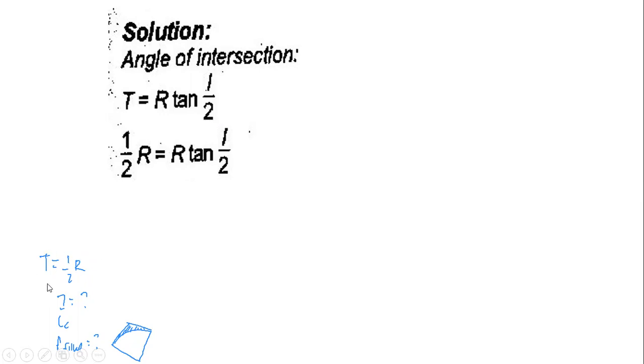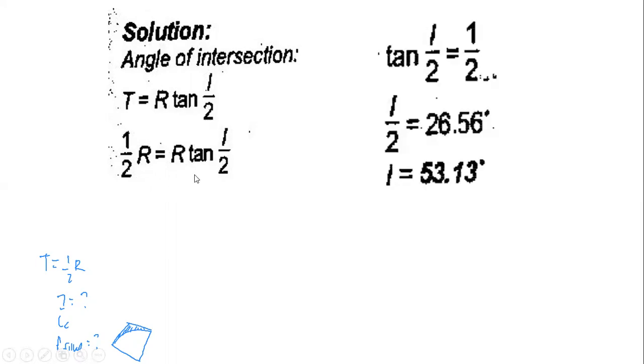Then we have this condition sa example, T is equals to 1/2 of R. So we can use yung formula for T. So substitute natin dyan, equate this to, we can determine the value of I now. So from this, we can eliminate R, simply divide both sides by R now. So this will give us the I value as 53.13 degrees. So ito yung sagot natin sa part A.